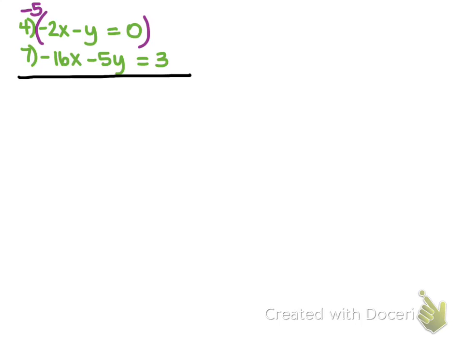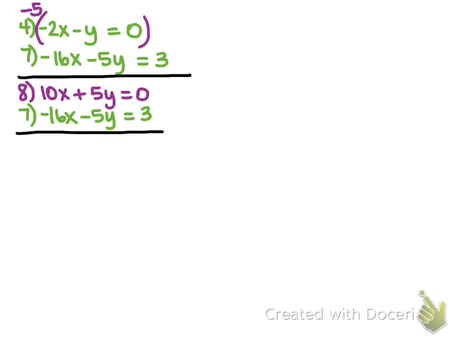So negative 5 times equation 4 gives me 10x plus 5y equals 0. My equation 7 stays the same. When I add these together, I get negative 6x equals 3. So x equals negative 1/2.